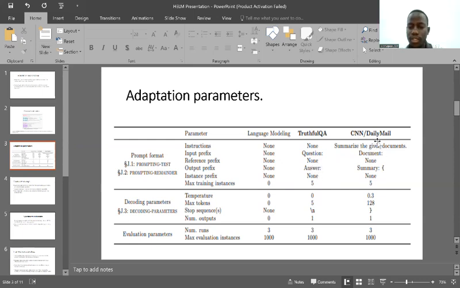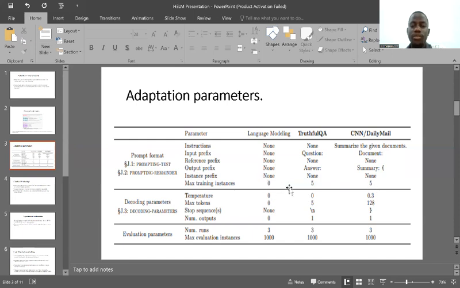Then for this CNN, we have a document which we want to summarize, so its output will be summary. Then we have the instance prefix. All of them have none, and then maximum training instances.